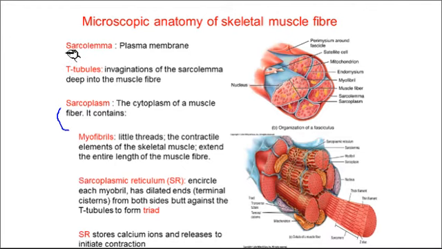So we have the sarcolemma. The sarcolemma has invagination called the T-tubules, and we have the sarcoplasm, which is the cytoplasm of the muscle fiber that contains the myofibrils and also the sarcoplasmic reticulum.